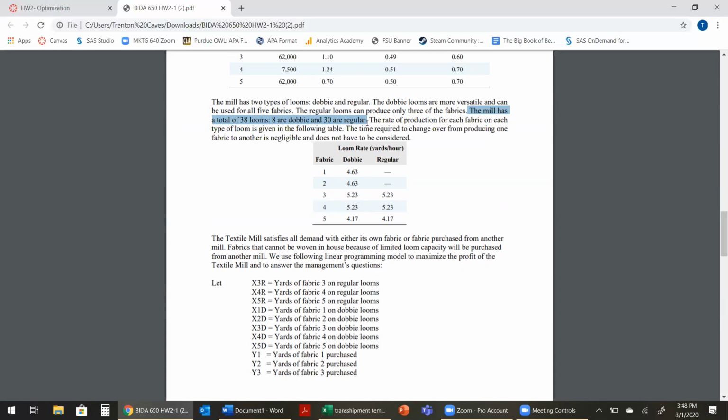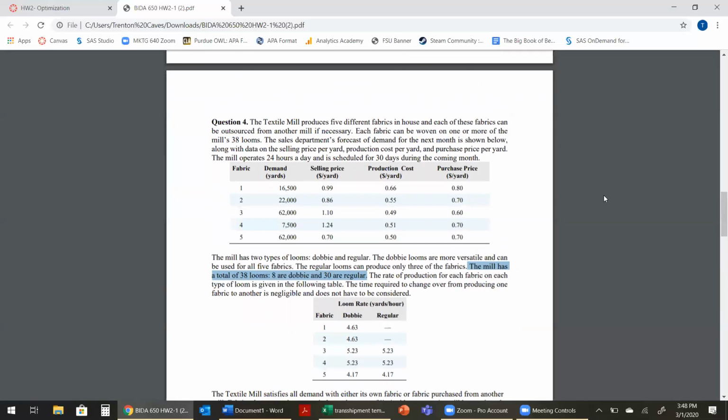I just highlighted the mill has a total of 38 looms, 8 are Dobie and 30 are regular. Yes. You can see that highlight. And the mill operates for 24 hours a day for 30 days.